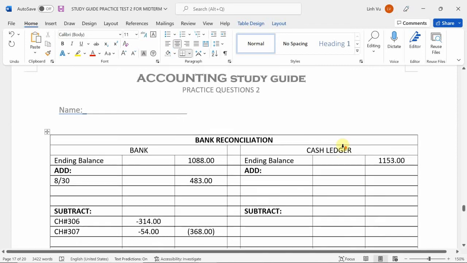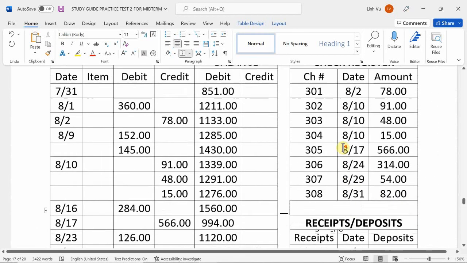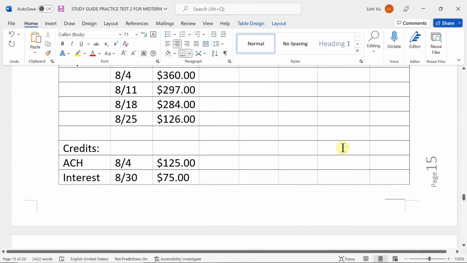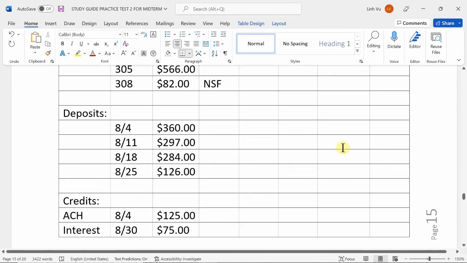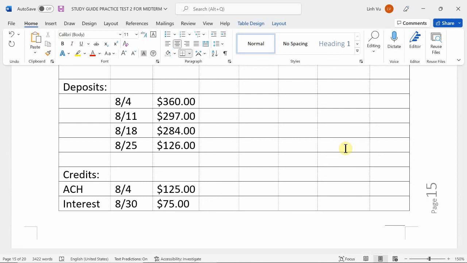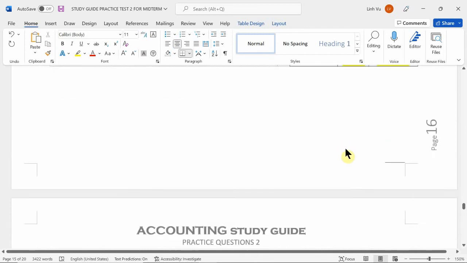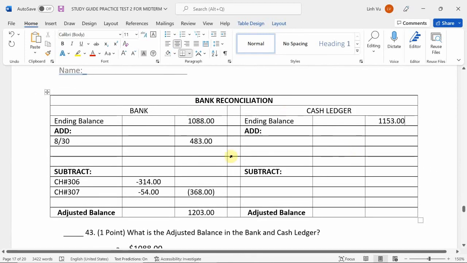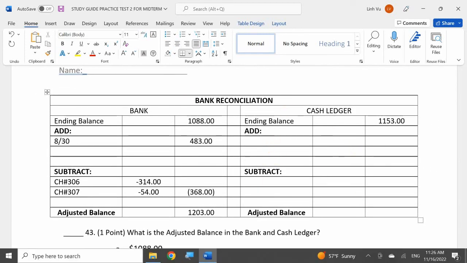Okay. What do I need to add? Well, in this case, I need to see if my bank has collected any money from me. So in this case, I have an ACH for $125 and an interest of $75.